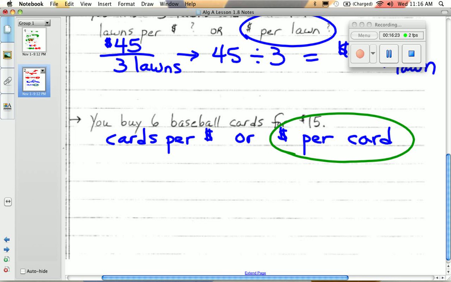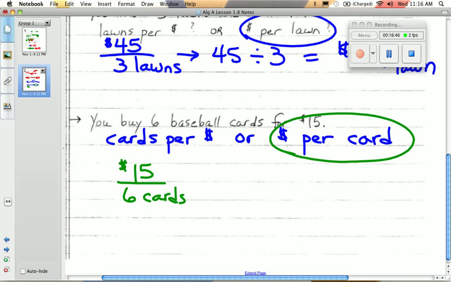Okay, you got this down? Yes. Okay. Then if you agree with this, what's going to go on top? The dollars. What's going to go on top? 15. $15 per how many cards? We started with 6. Yeah, we're going to figure out how much it is per one card by dividing.